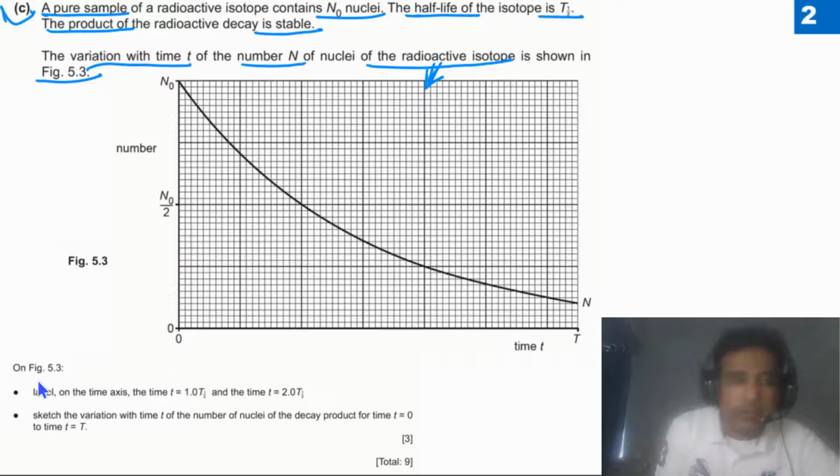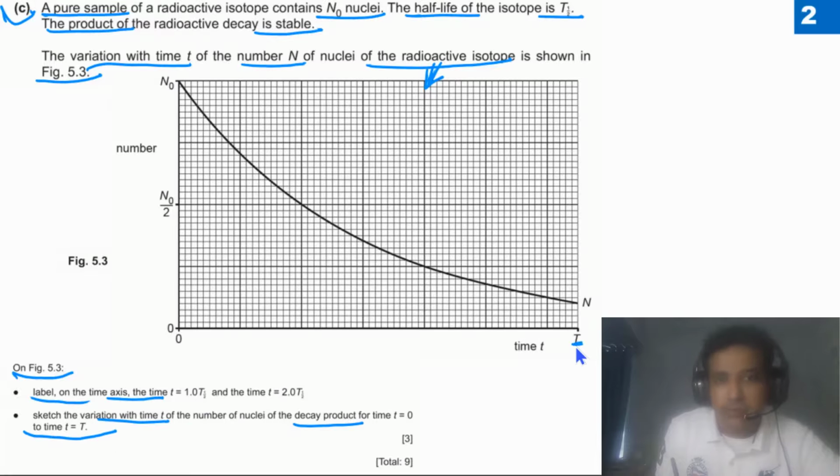On figure 5.3, label on the time axis the time T equal to 1.0 half-life and T equal to 2 half-lives. Sketch the variation with time T of the number of nuclei of the decay product for time T equal to 0 to T equal to capital T, meaning until this time. So we need to sketch for the decay product.